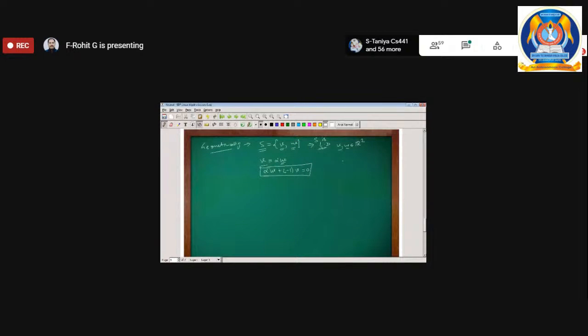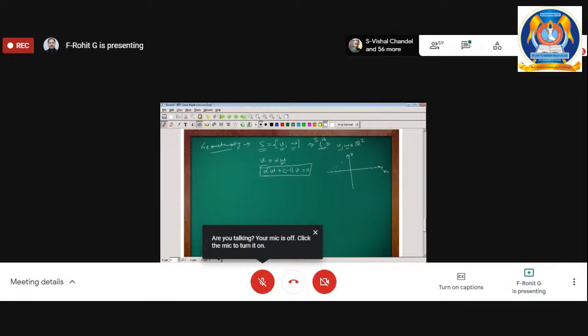Now, if I take W any point on R square, with this being our X axis and this our Y axis, and if I put alpha equal to 0, then I will get another point, 0, 0.